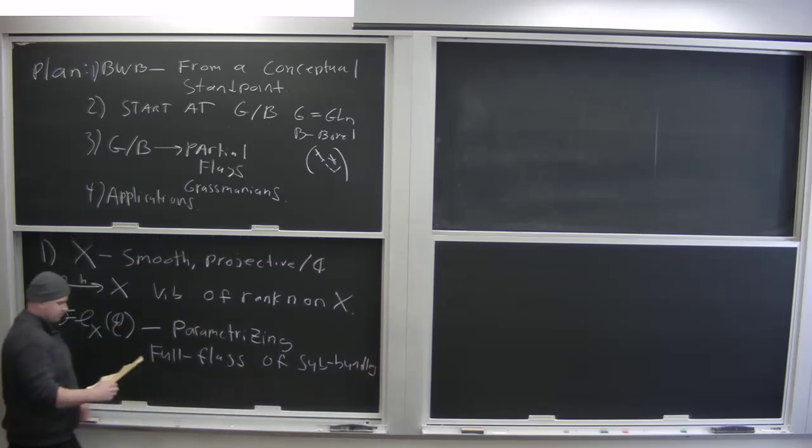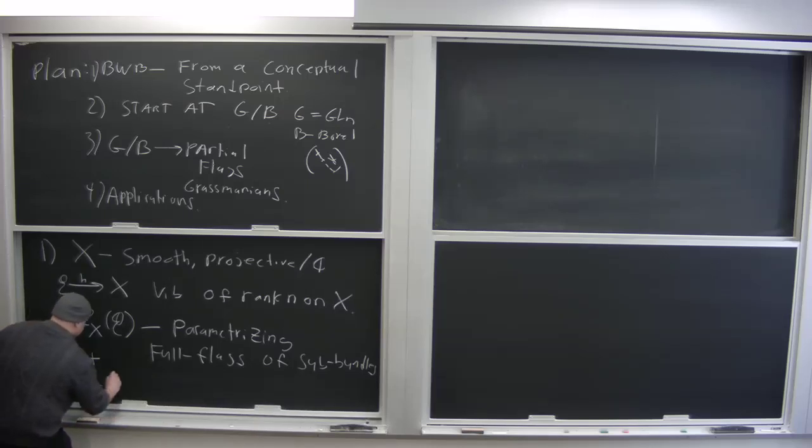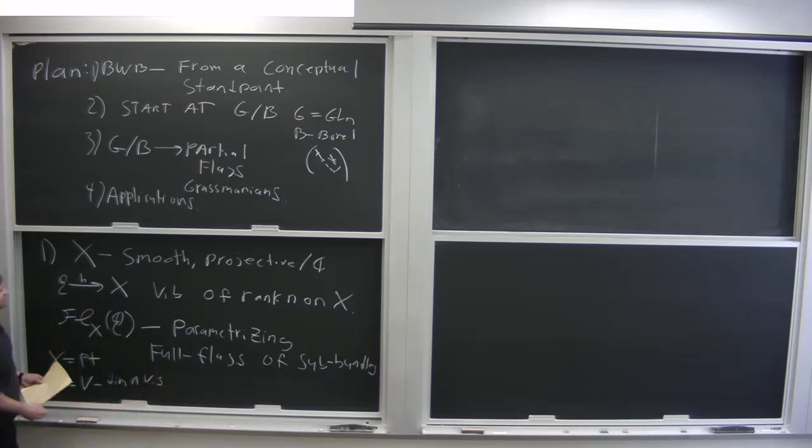And maybe as an example, if you want to recover the usual situation, take X to just be a point, and E to just be a dim n vector space.